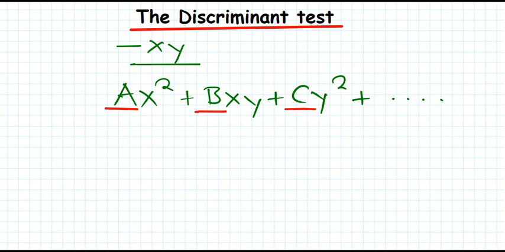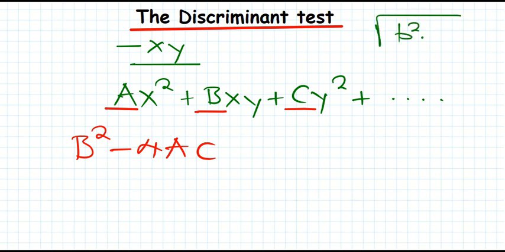So we can use these to help us test. The formula for the discriminant test is b squared minus 4ac. I think this is something familiar. If you remember quadratics, the quadratic formula has b squared minus 4ac. So just capitalize that and you have a formula for yourself.